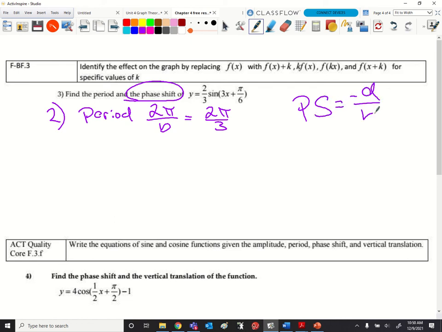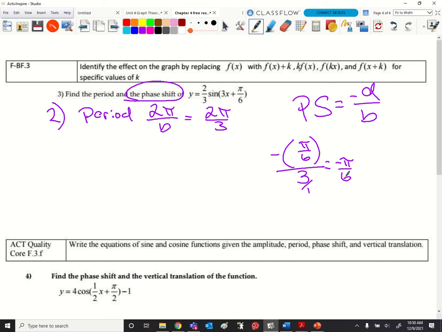Negative d over b. So my phase shift here is going to be negative d. The d value in this case is pi over 6, so it is positive pi over 6, right? So that's the d, and the negative's on the outside, divided by b. And my b value here is 3, just 3, right? Now, you can't have fraction over fraction, multiply by the reciprocal. So I'm going to change 3 into 3 over 1, because the top is negative pi over 6.